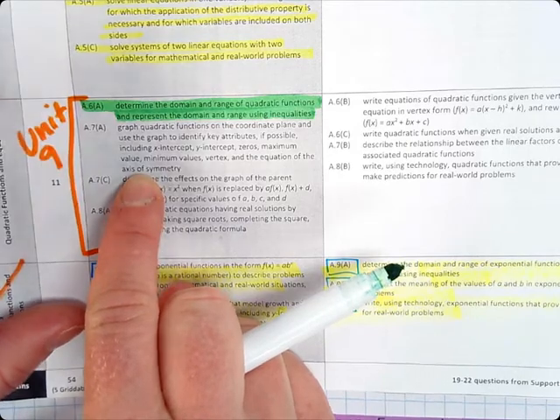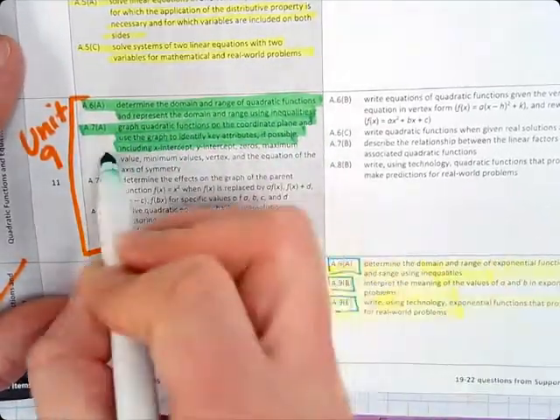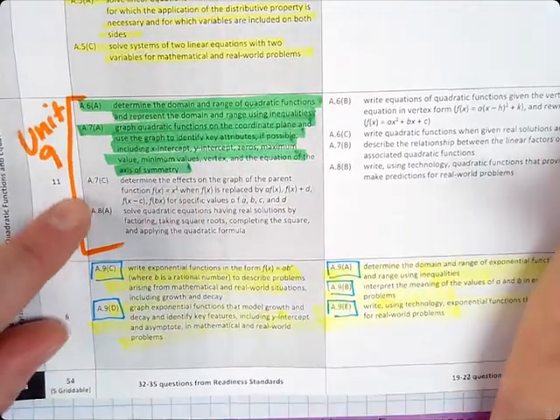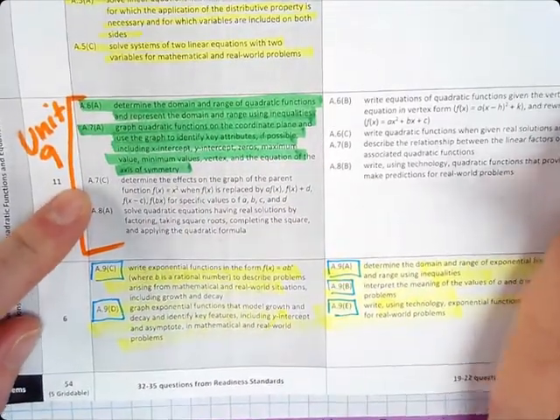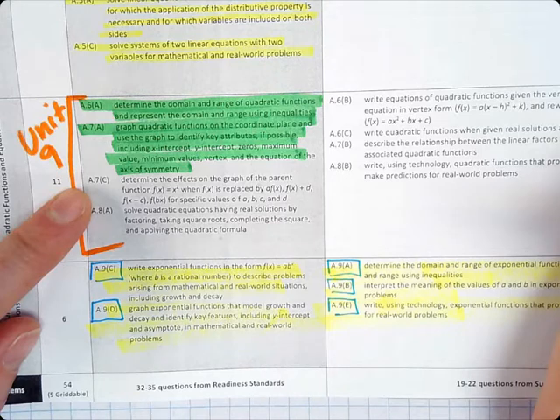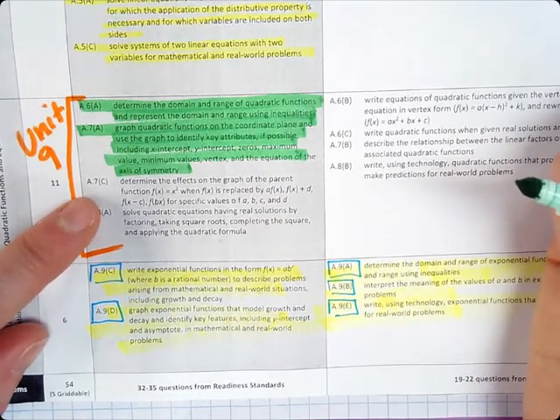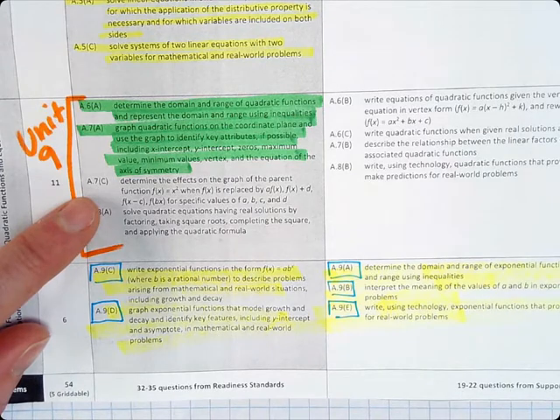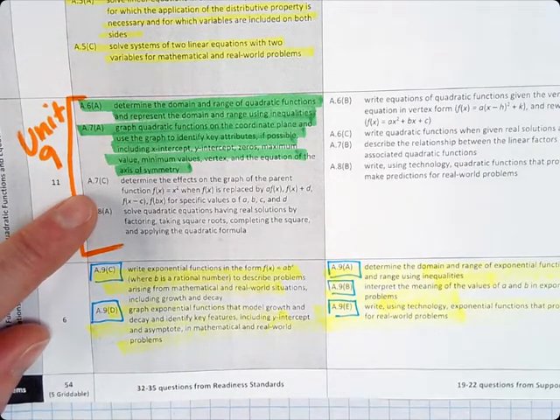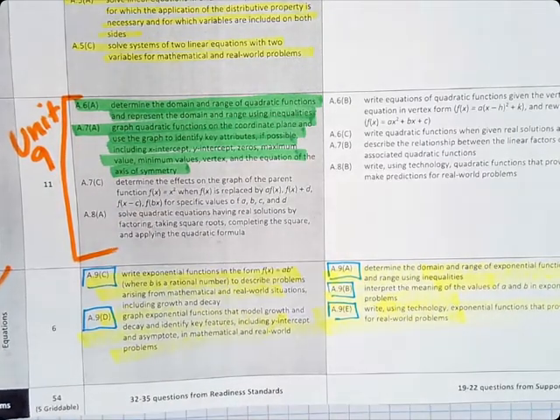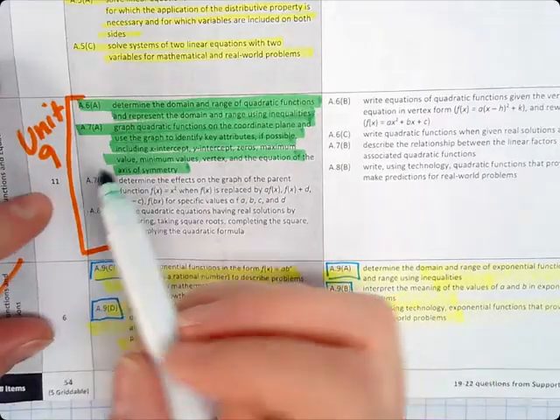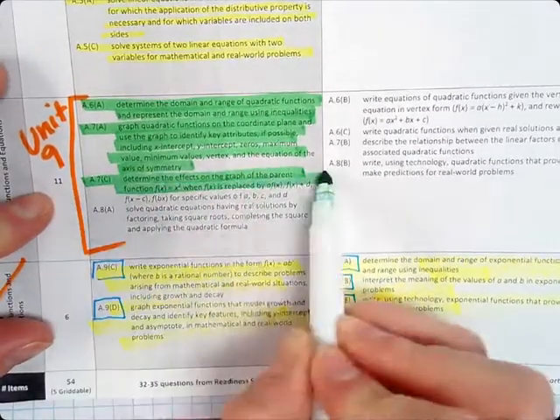We have done each of those things. A7C, determine the effects on the graph of the parent function whenever it's changed. This is like your transformations. Whenever your parabola is moved up, left, right, or if it's stretched or compressed, that is that skill.